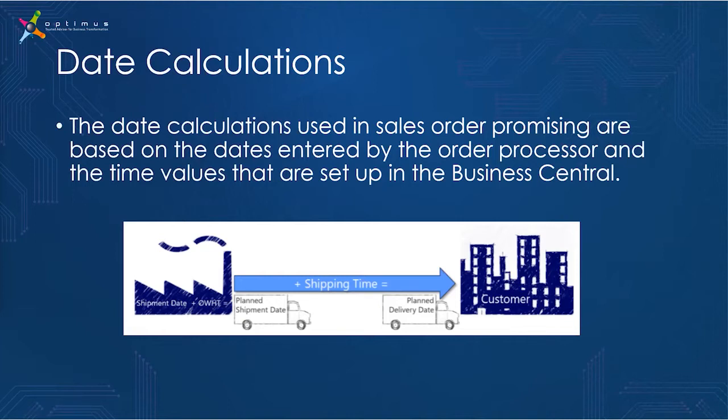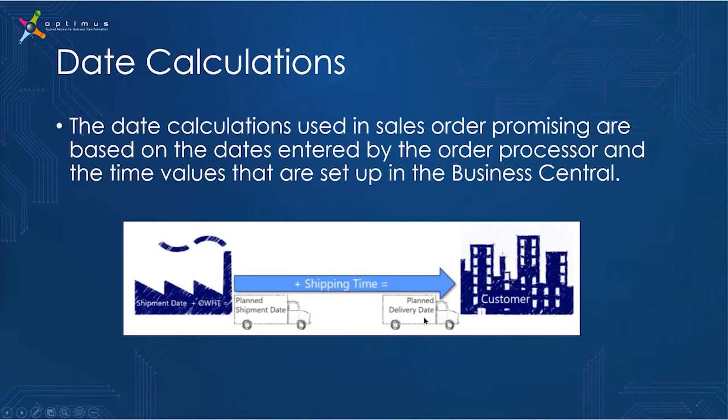And then comes the shipping time. The shipping time is the time, according to the customer address, that we need to transport the items while they are in transit. This is also added to our calculation, and then we get the planned delivery date.